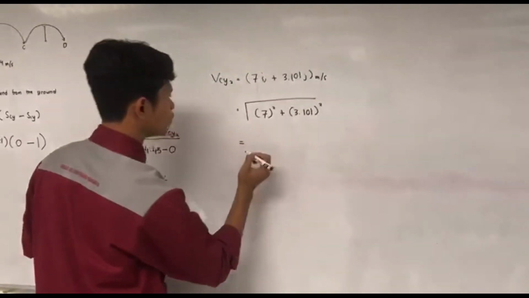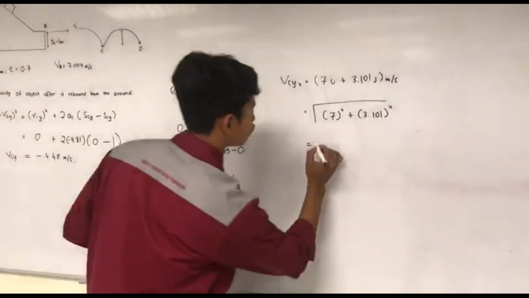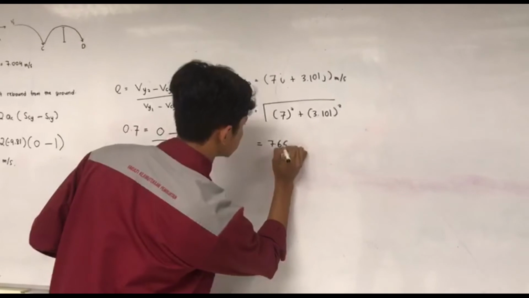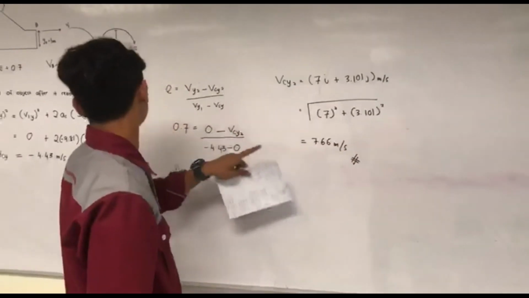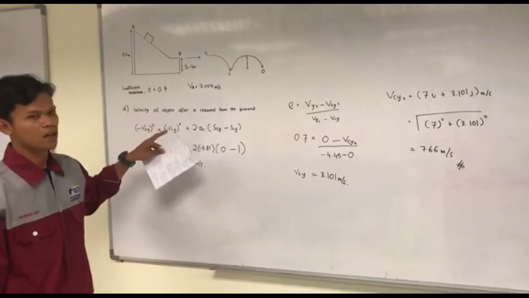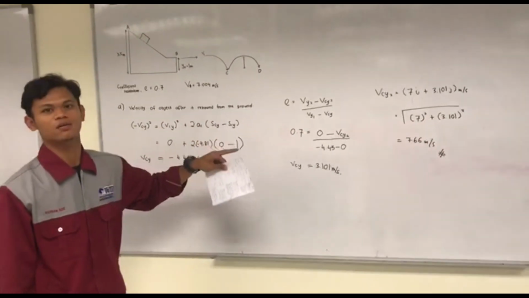After we calculate, we get the answer 7.66 meters per second. Okay, this is the final answer for the object after it rebounds from the ground.